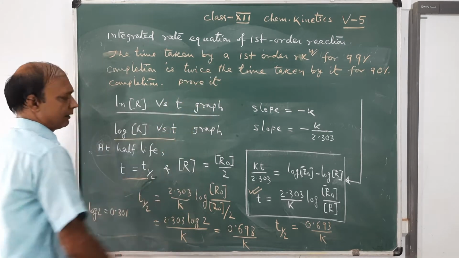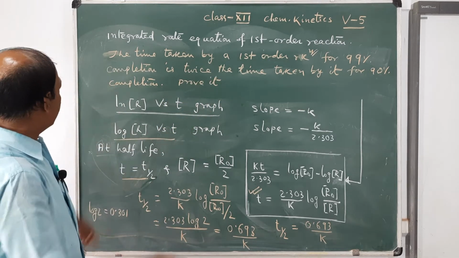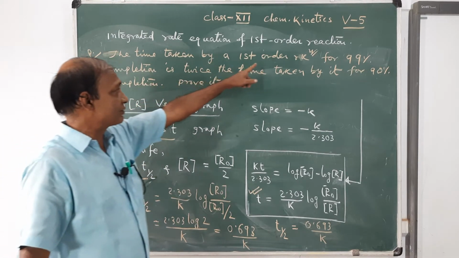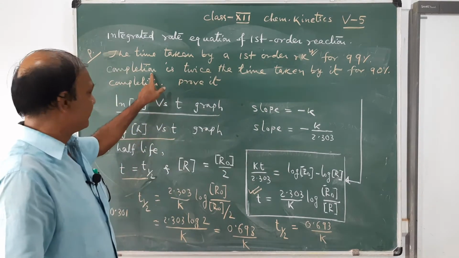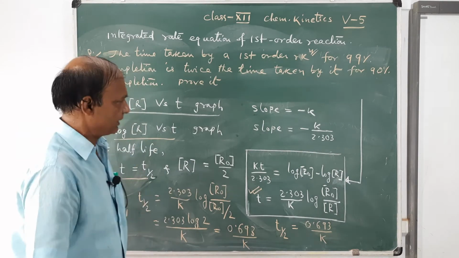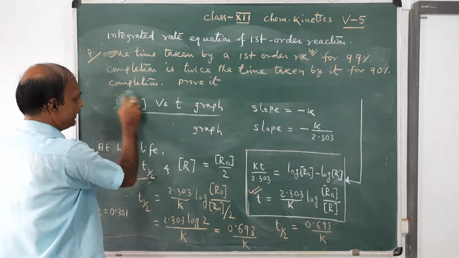Prove it. So what is the problem? See the problem. The time taken by a first order reaction for 99% completion is twice the time taken by it for 90% completion. Now see how to solve it.